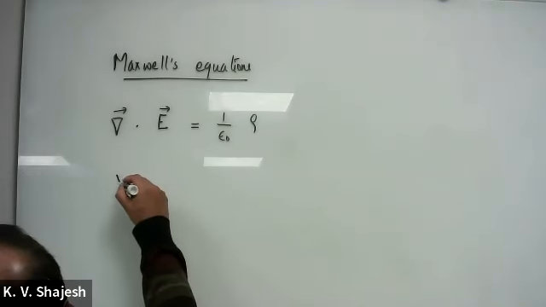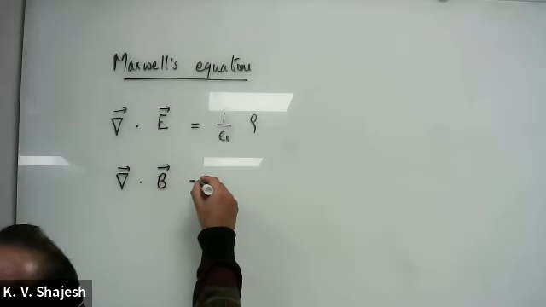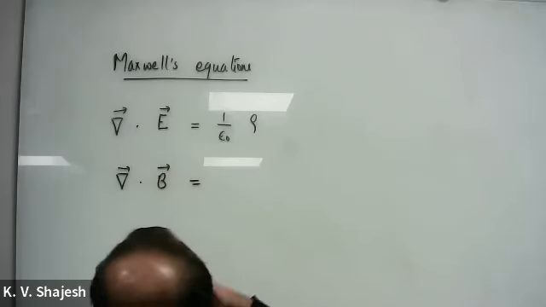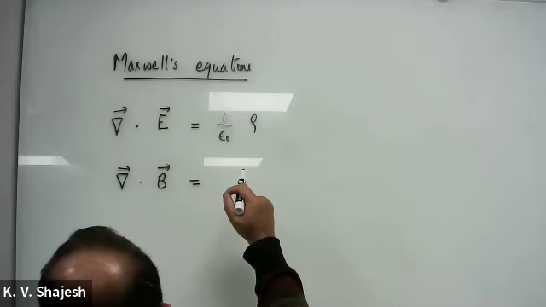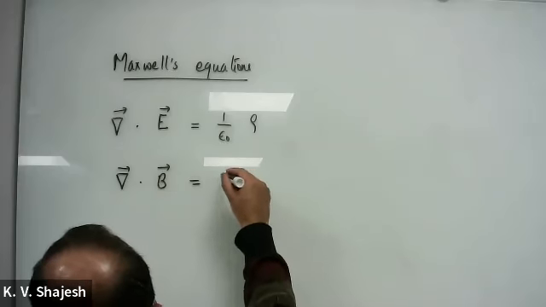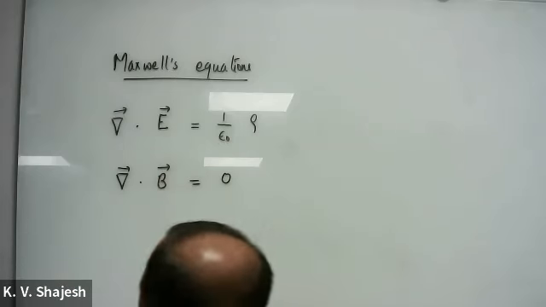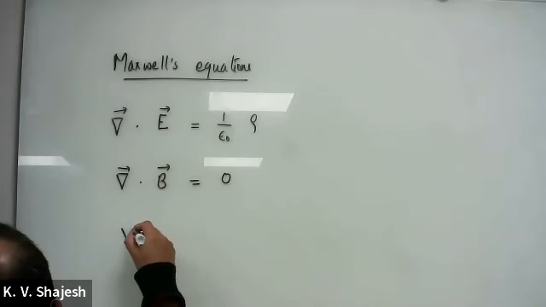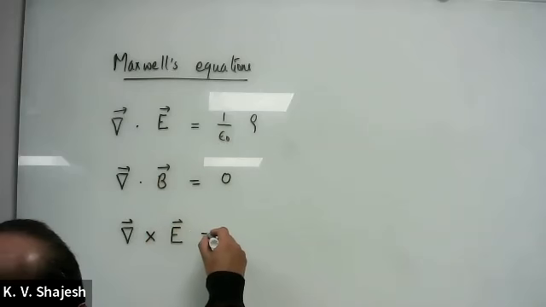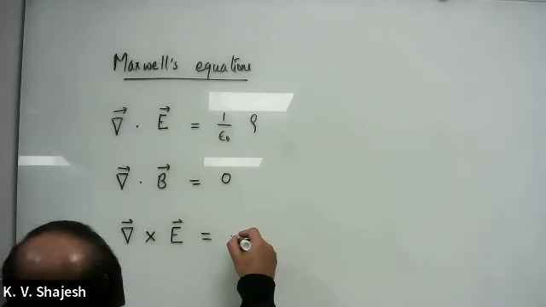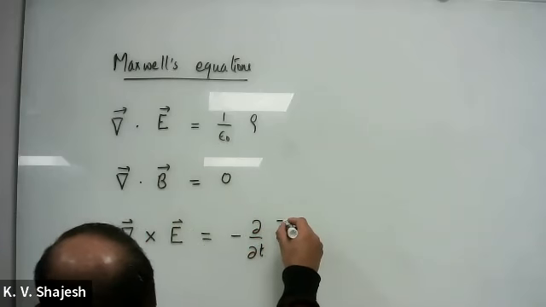Then we have del dotted with B is equal to 0. And then I have del cross E is equal to minus dB/dt.